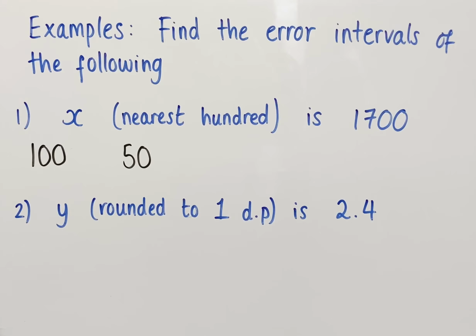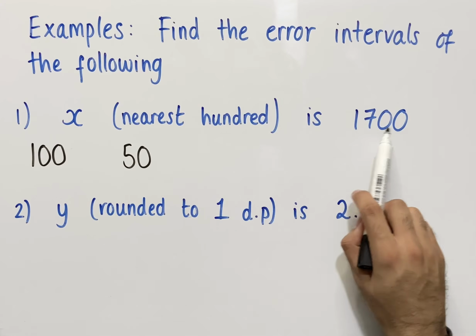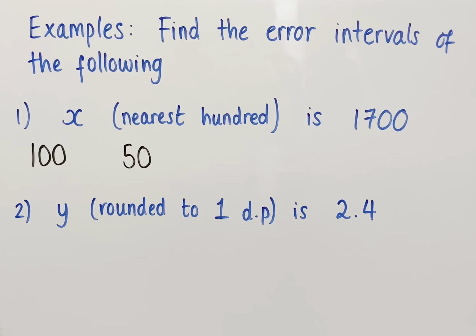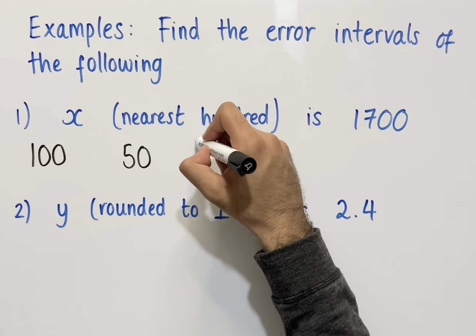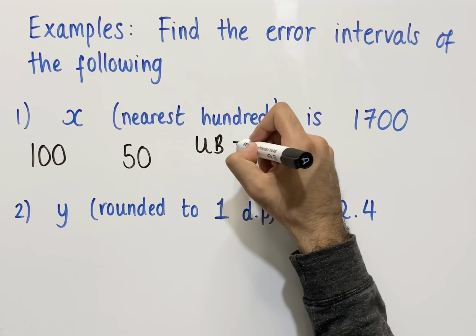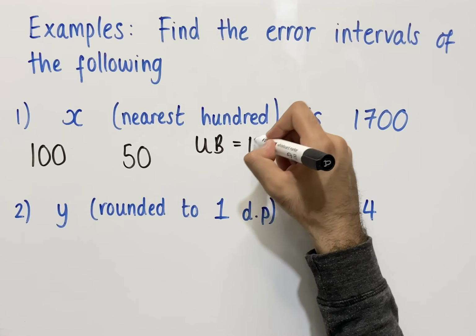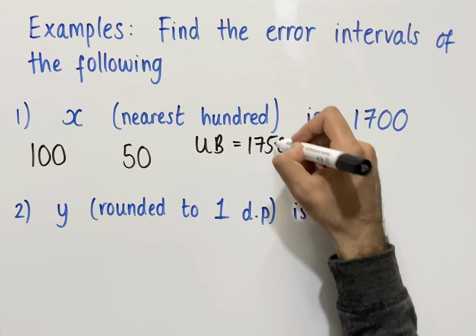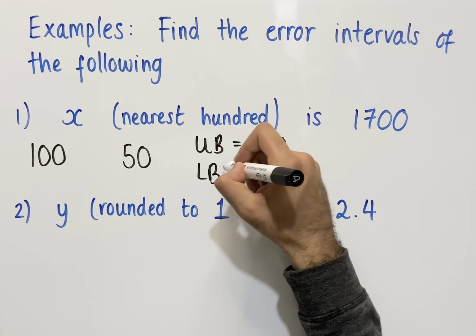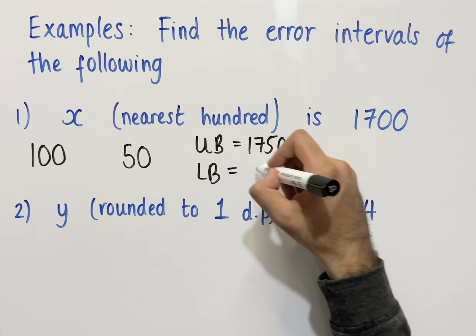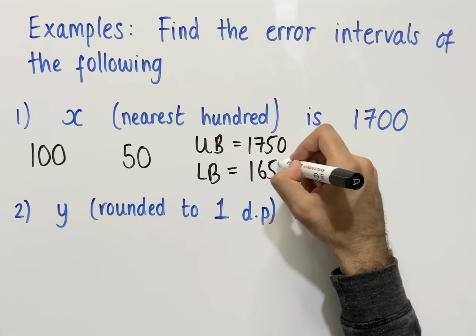And so we add 50 to 1700 to obtain the upper bound, and we take away 50 from 1700 to obtain the lower bound. So the upper bound is equal to 1700 plus 50, which is 1750, and the lower bound is equal to 1700 take away 50, which is 1650.